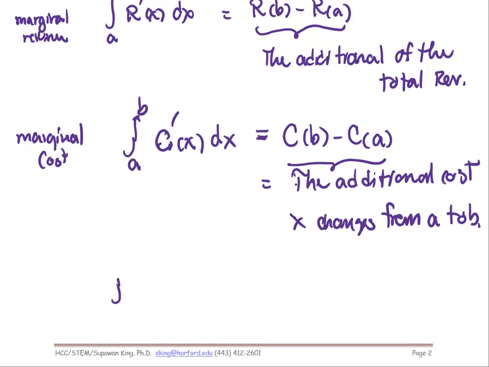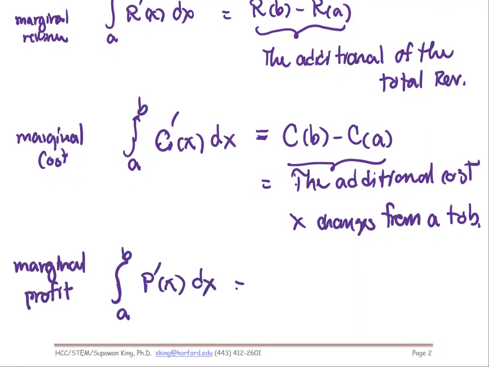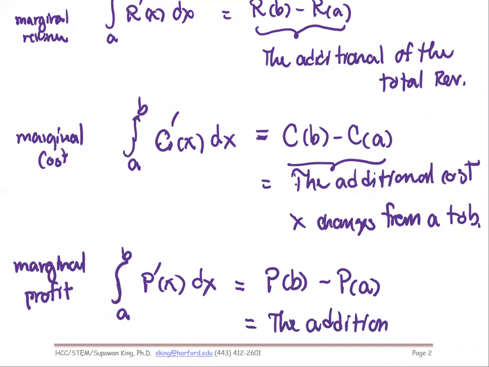Also the same as the marginal profit. The definite integral from point A to point B of the derivative of the profit, or the marginal profit, is the profit at B minus the profit at A, which is the additional profit as x changes from point A to point B, where x would be the items produced or the items sold.